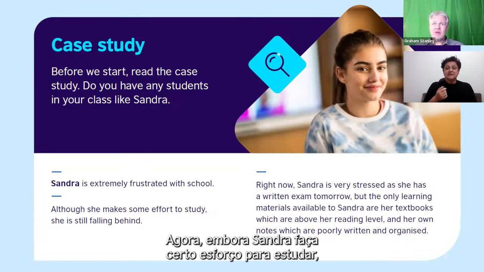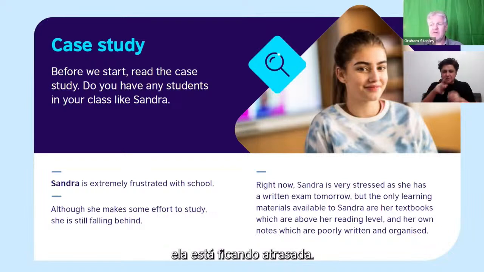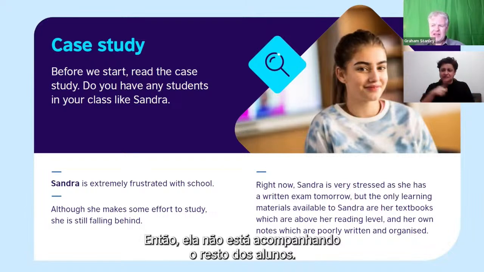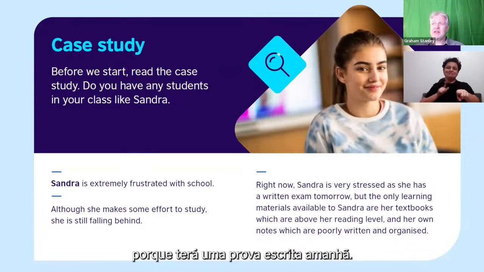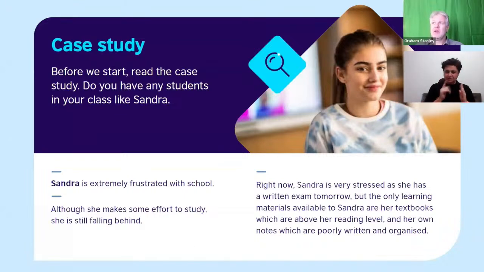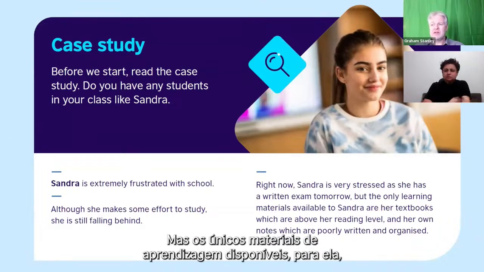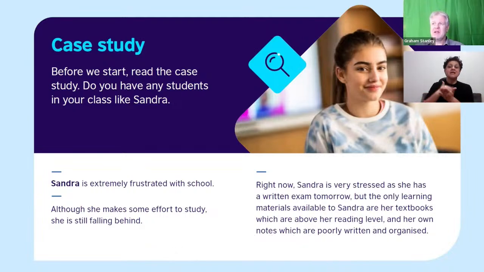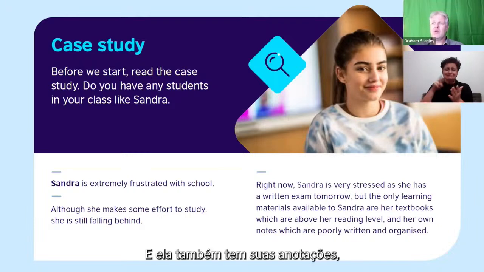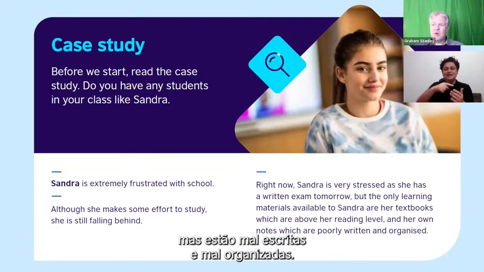Although Sandra makes some effort to study, she's still falling behind. So she's not keeping up with the rest of the students. And right now, Sandra is very stressed as she has a written exam tomorrow. But the only learning materials available to Sandra are her textbooks, which are too hard for her. They're above her reading level, and she also has her own notes, but these notes are poorly written and poorly organized.